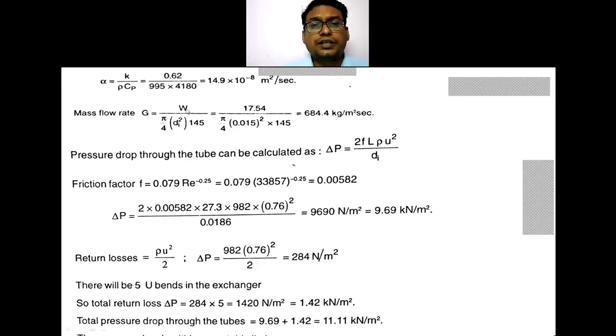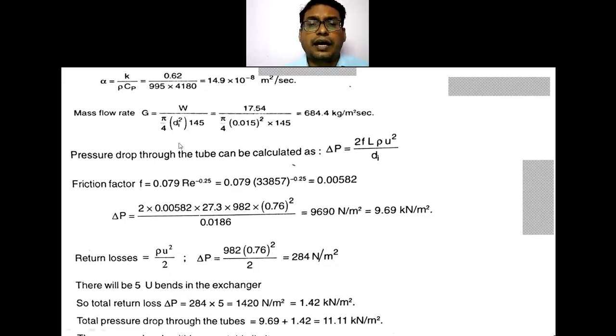So mass flow rate is the flow rate upon the cross sectional area into the number of tubes, that is 290 tubes total, so half of that has been reduced to 145. Then calculation of the pressure drop, delta P, which is equal to 2F L rho u square upon di. So friction factor for this, 0.079 into Re raised to minus 0.25, can be used.